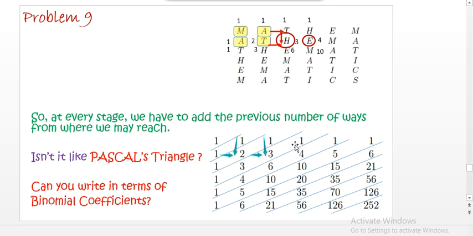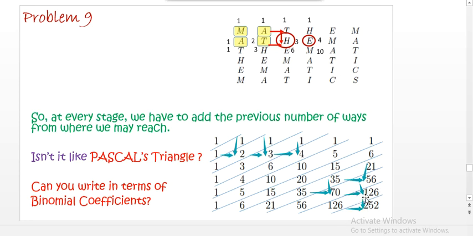To get 4, 1 plus 3 is 4. For example 70: 35 plus 35 is 70, 21 plus 35 is 56, 56 plus 70 is 126, and 126 and 126 is 252.